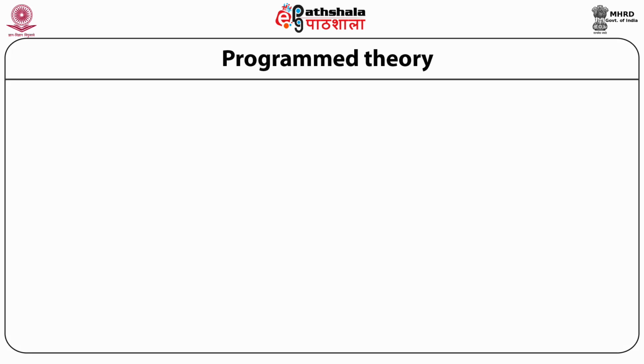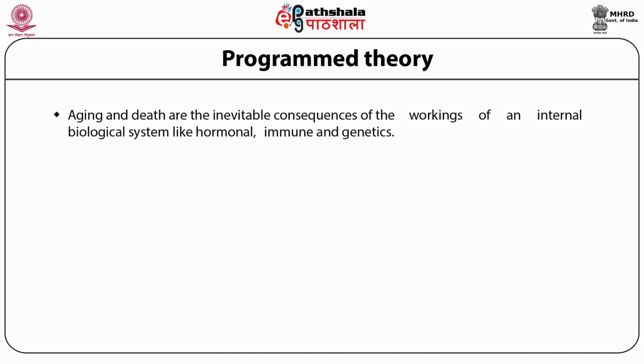Programmed theory, or genetic theory, proposes that aging is a program run by our alleles, covering 30% of the stake in our lifespan. Program theories function on the hypothesis that aging and health are the inevitable consequences of the working of an internal biological system, involuntary from conception, that decides when cells can no longer operate and reproduce at a rate sufficient to maintain health.